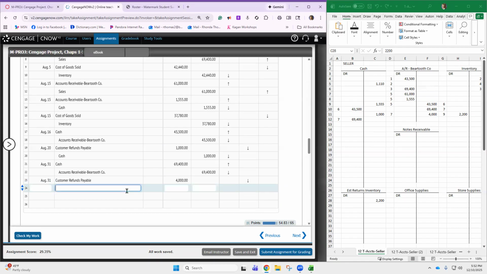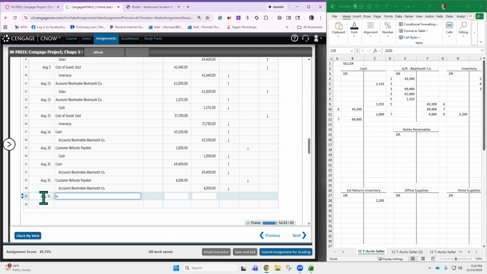And just like it says, we're going to credit that customer's account, right? We're going to credit accounts receivable because they sent us back something that they didn't want or it was defective or whatever. And then we're going to put the item back in inventory because we received it back.